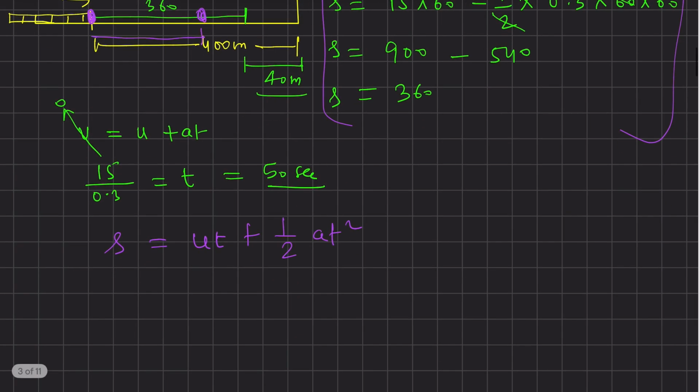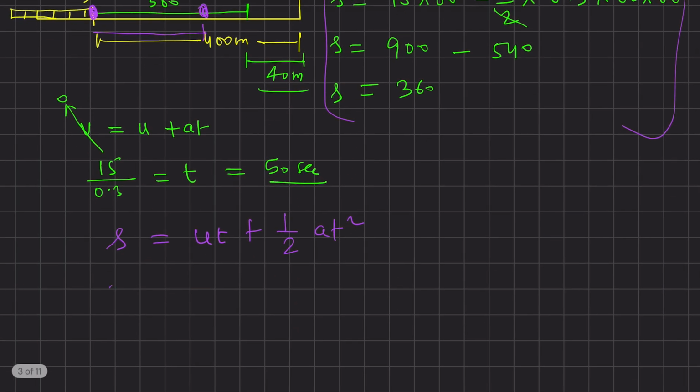If I put the values, u is initially 15, t is 50, and of course retardation is happening, so half into a, where a is given as 0.3, and t is 50 into 50.